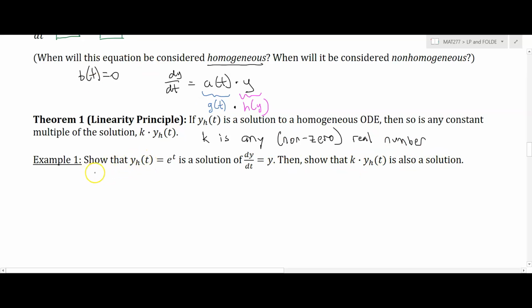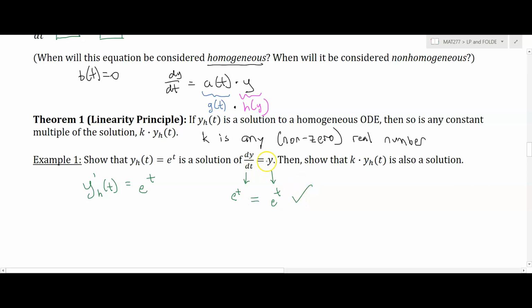So if y sub h of t is e to the t, in order to verify that it's a solution, I've got to check, does its derivative equal itself? If I take the derivative, y sub h prime of t, the derivative of e to the t is e to the t. Now when I substitute in the derivative of that solution, which is e to the t, and I substitute in the function, which is e to the t, are they equal?